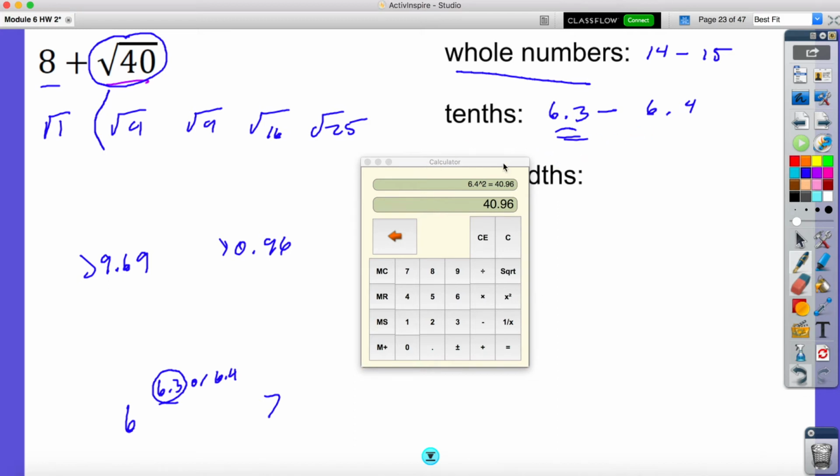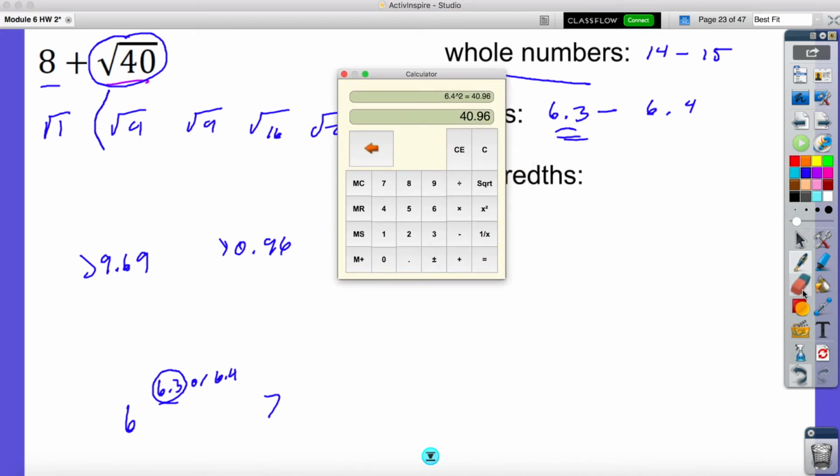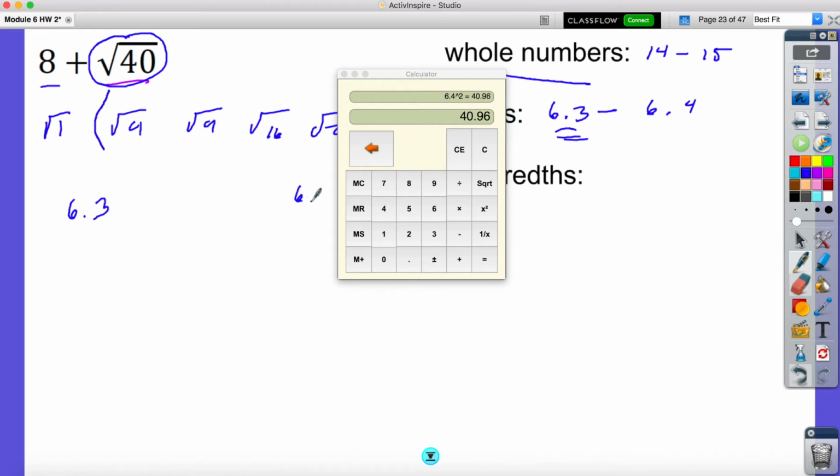Now I need to guess for the nearest hundredths place. For hundredths, we would continue the process. I know it's between 6.3 and 6.4. So if I start at the middle, 6.35, and go in each direction to see what it's closest to, 6.35 to the second power would be 40.32. So it's a little high.